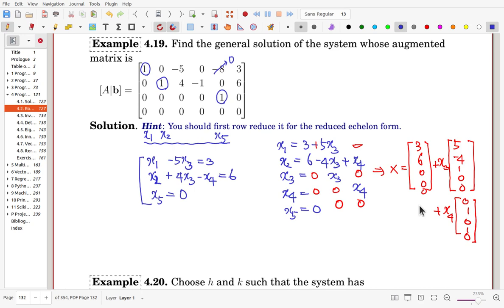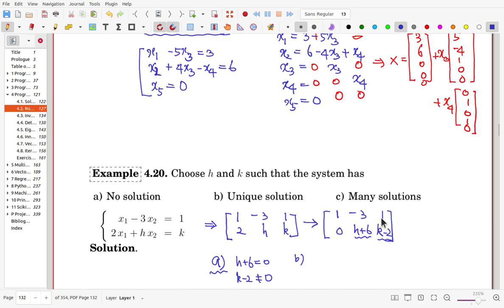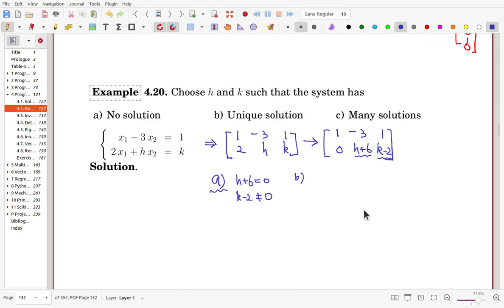If every variable is a basic variable, then the solution must be unique once it has a solution. Okay? So a unique solution means no free variable. So this must be a pivot position, which means that h plus 6 must not be 0.